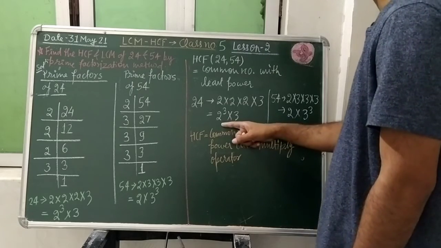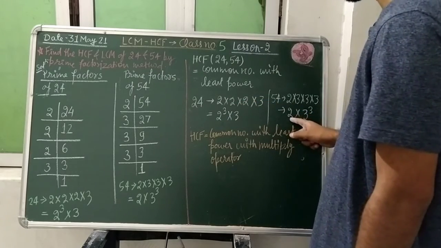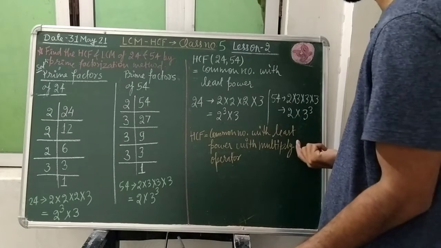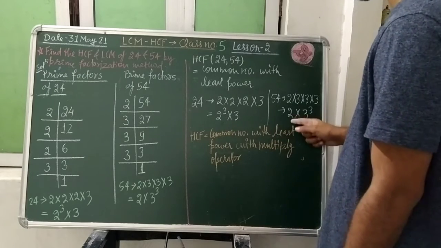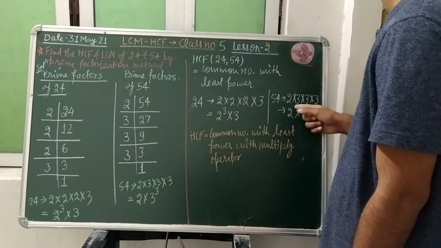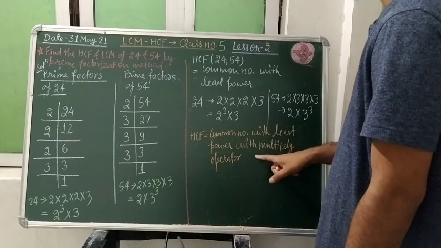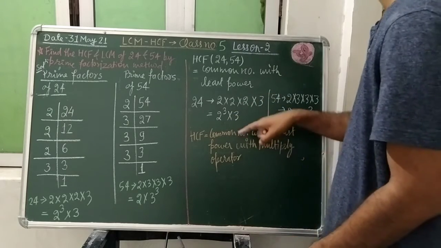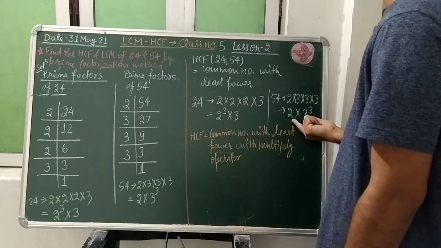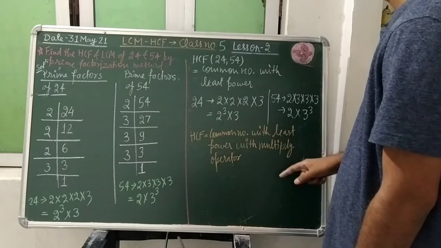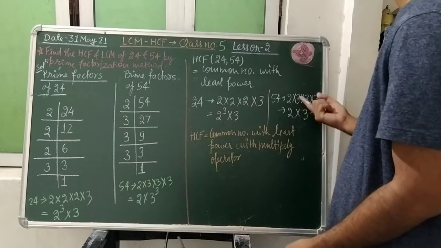So this has the power of 3, but for this 2 nothing is written, so 1 will be present. So this 2 has the power of 1, this 2 has the power of 3. So for HCF we shall apply the rule common number with least power. So the common number with least power is 2, which is nothing but 2 to the power 1.